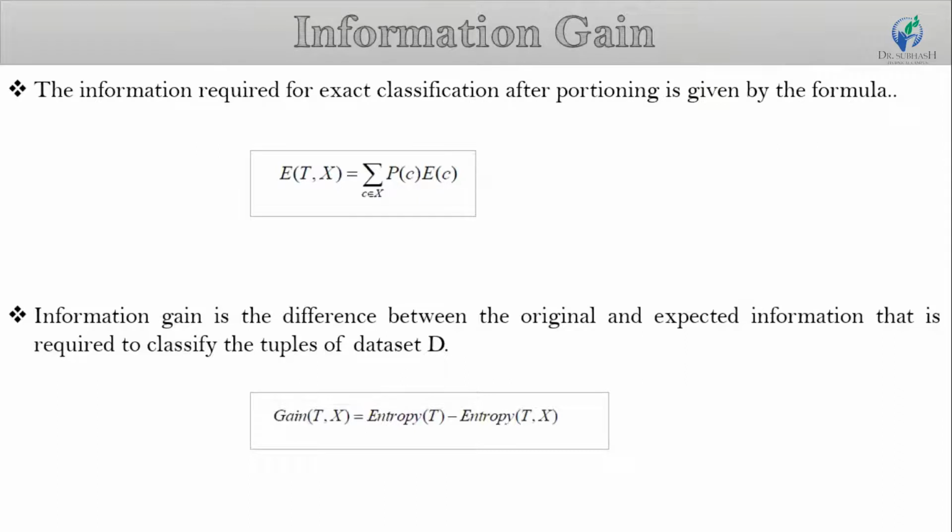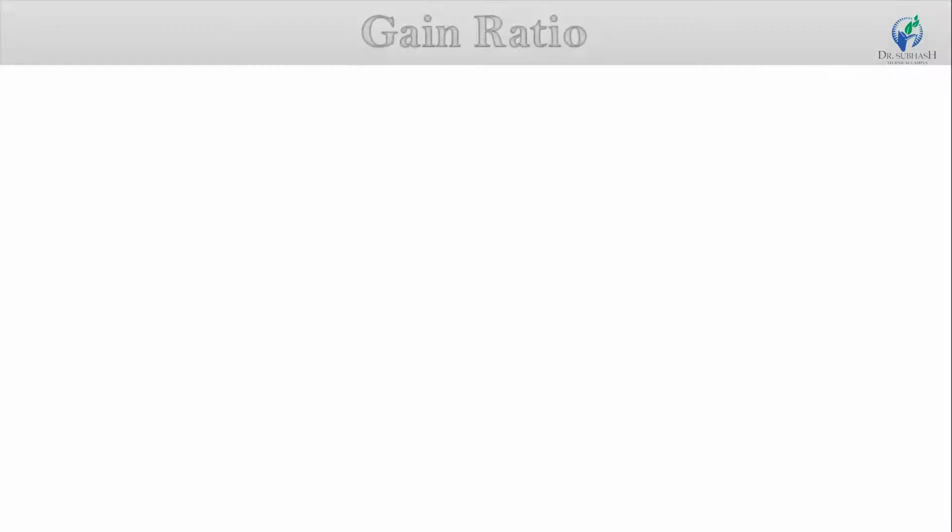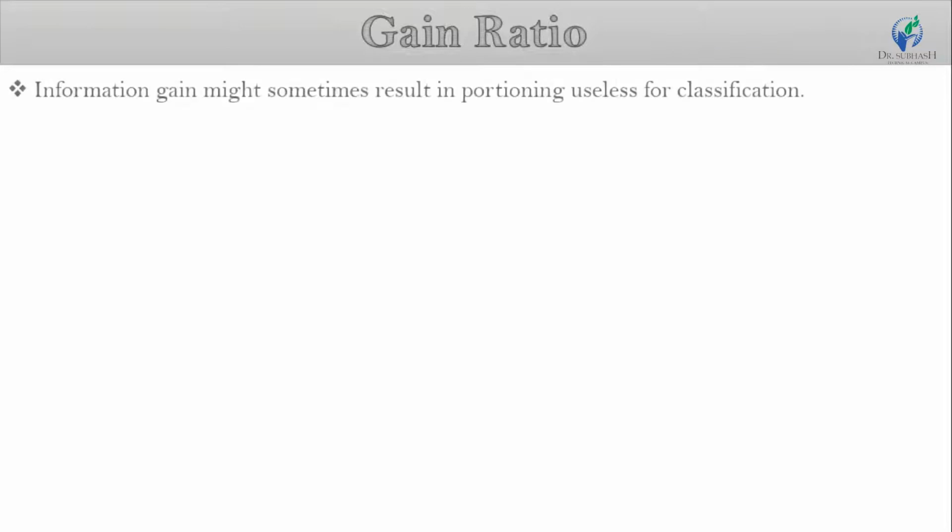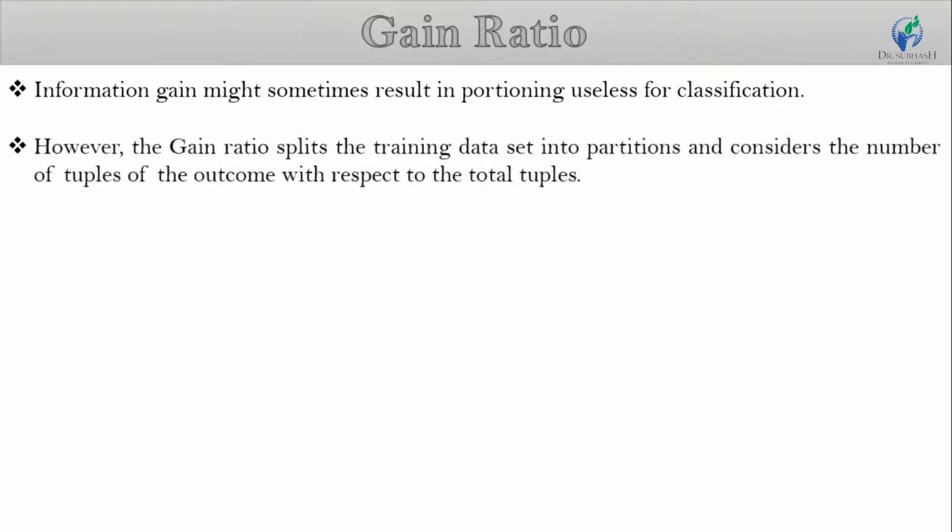Now, I will explain what is gain ratio. Information gain might sometimes result in partitioning useless for classification. However, the gain ratio splits the training dataset into partitions and considers the number of tuples of the outcome with respect to the total tuples.